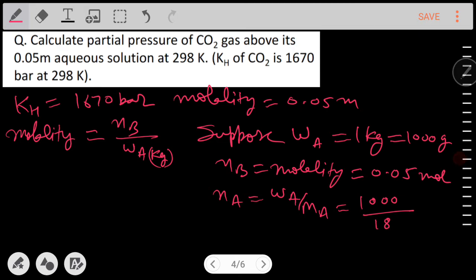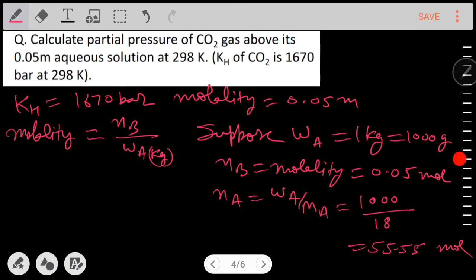So it equals 55.55 mole. Using these moles of solute and solvent, we can determine the mole fraction, and using the mole fraction and the value of KH, we can calculate the value of P gas. So let us see at the next page.